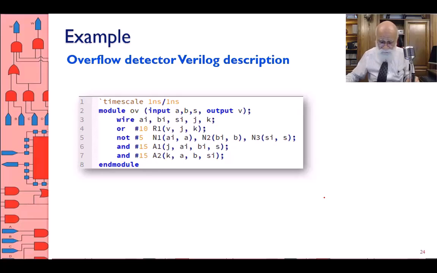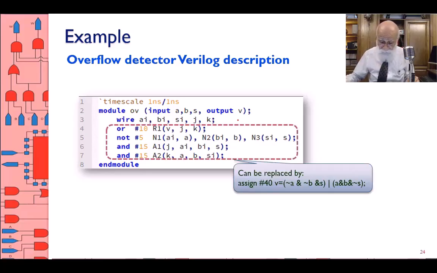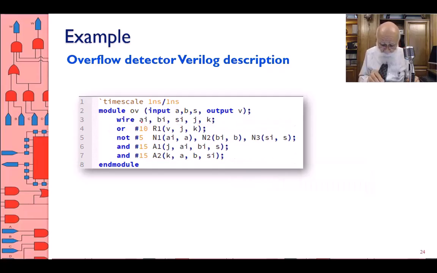The inputs are A, B, and S. And then I have the overflow output V. What I have, let's do this, I have wire AI, BI, SI, and then J, K. So what we have is inverted A. This is inverted A. Here. Okay, this is a NOT gate.